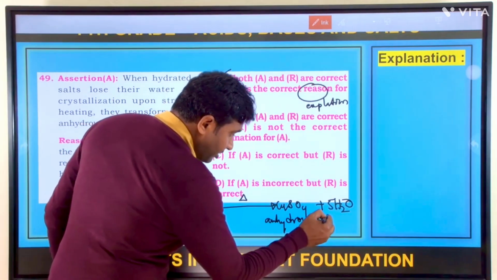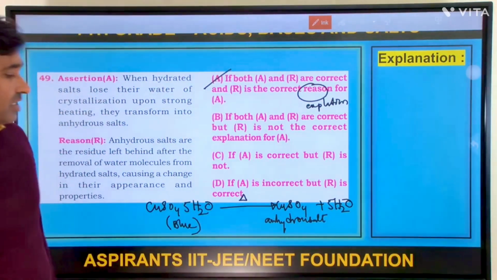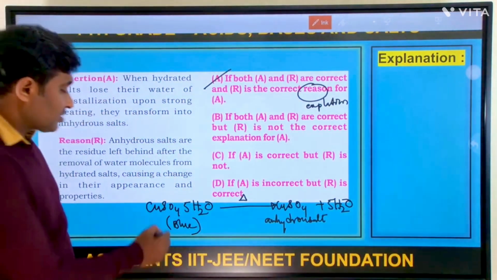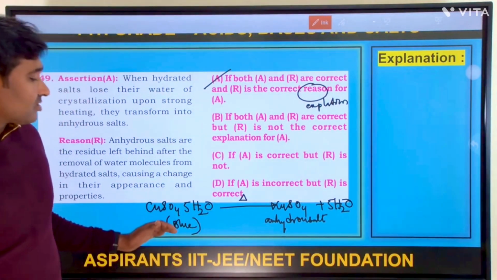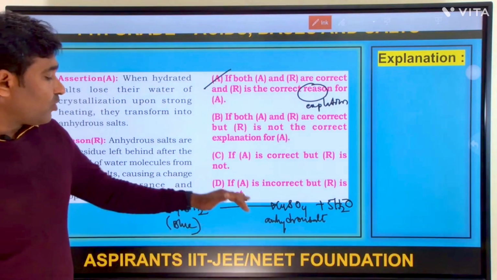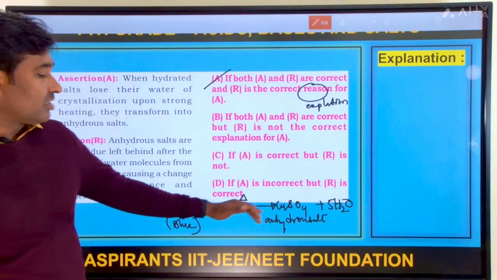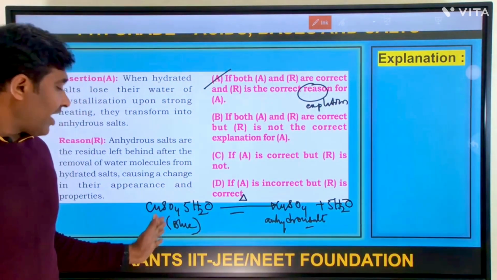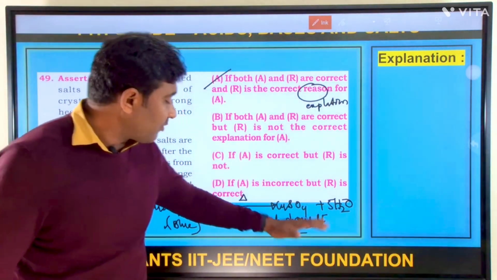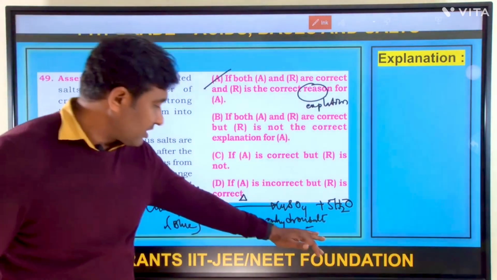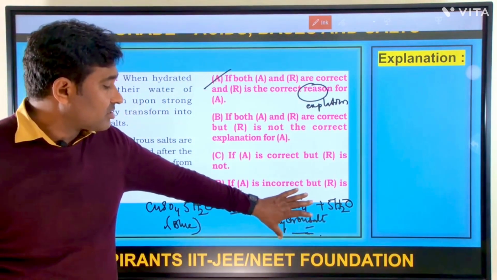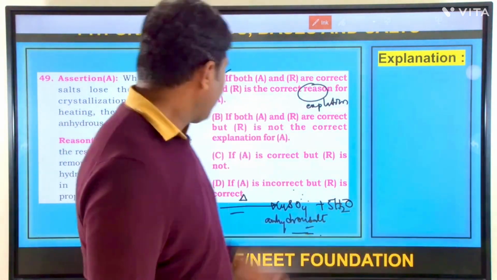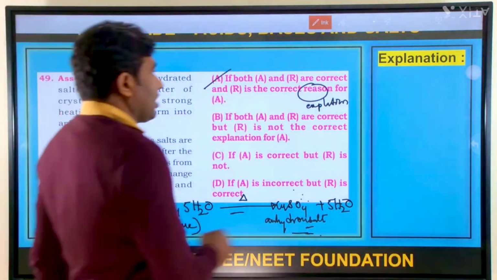Anhydrous salt means the salt has lost its water molecules. It is a normal salt that does not contain any water molecules. By the process of removal of water of crystallization, hydrated salts turn into anhydrous salts, and the resultant anhydrous salts change their color, appearance and properties. So option A is correct.